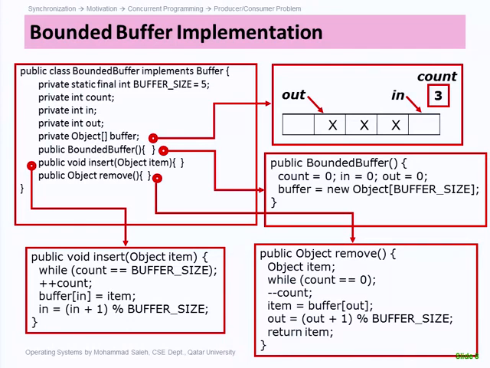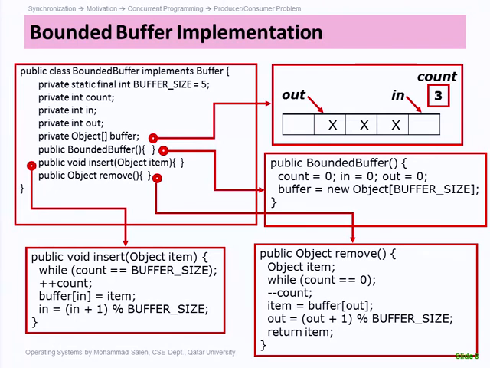The busy wait here is with the condition while count equals 0, while there are no items in the buffer, then keep checking this. The method will not return, right? So if no items, the consumer is blocked calling this method. But if there are items, then we proceed after the while loop. So this is the empty while loop, right?